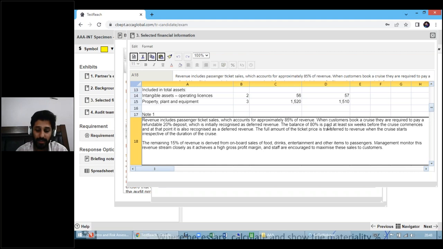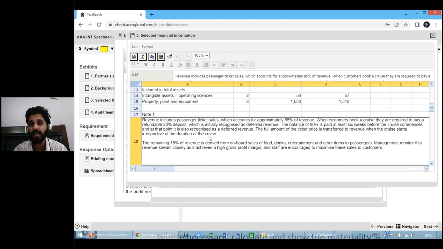The balance of 80% is paid at least 6 weeks before the cruise commences, and at that point it is also recognized as deferred revenue. The important point: the full amount of the ticket price is transferred to revenue when the cruise starts, irrespective of the duration of the cruise.